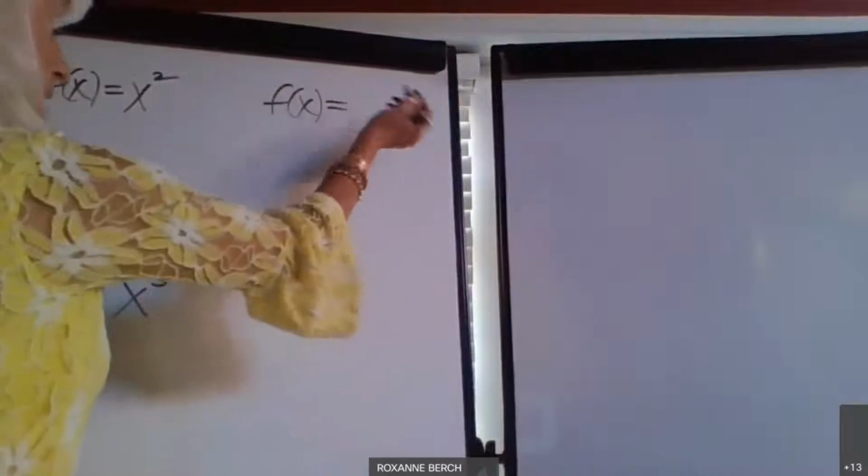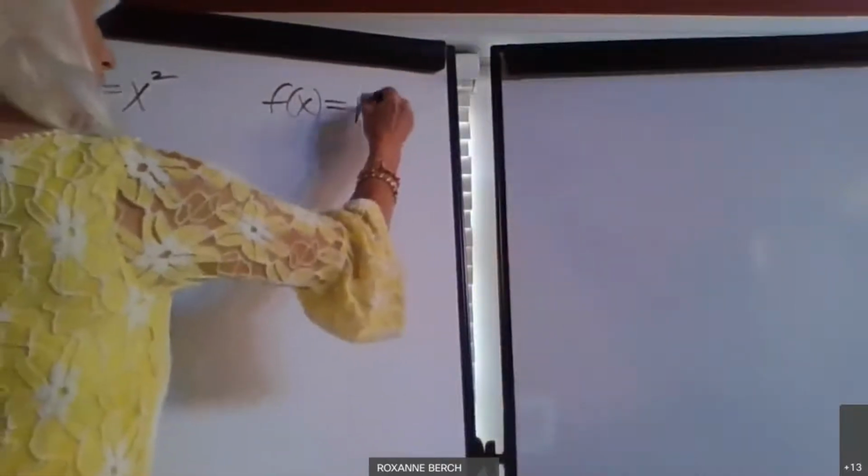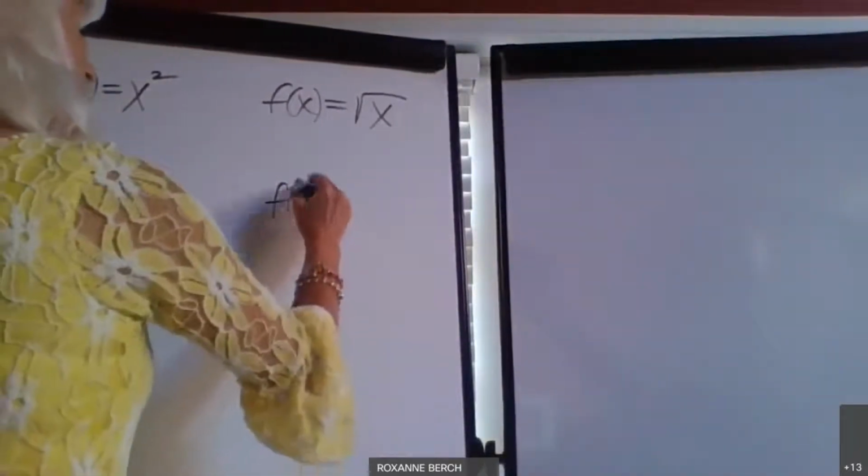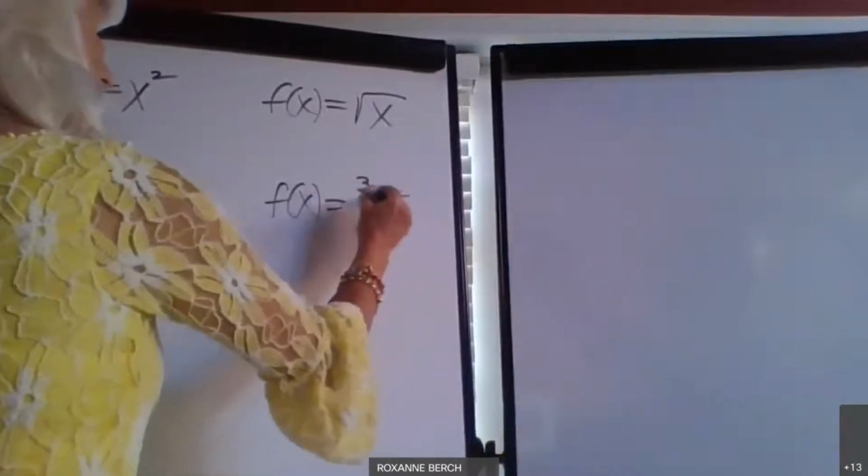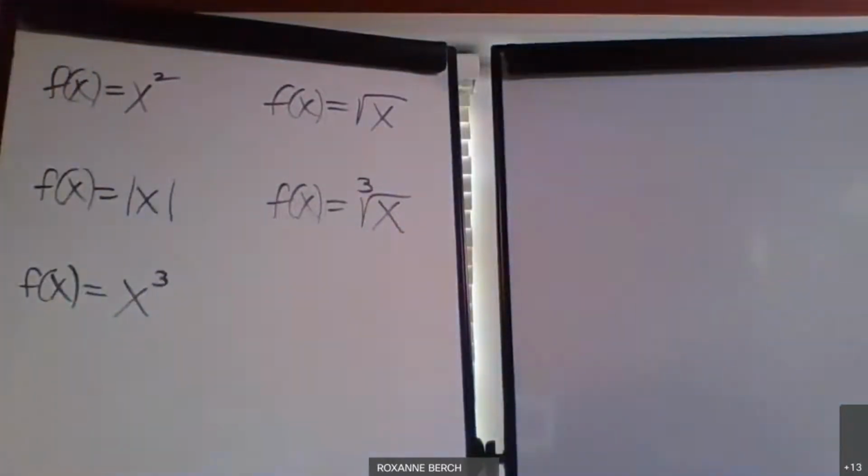Remember, we didn't do too much of, well, we did square root, but we didn't do too much of the cube root. Hold on, I thought it was on the page. The cube root. Okay. All right.